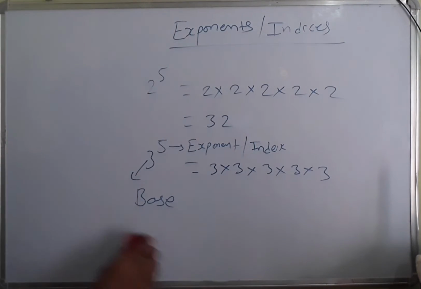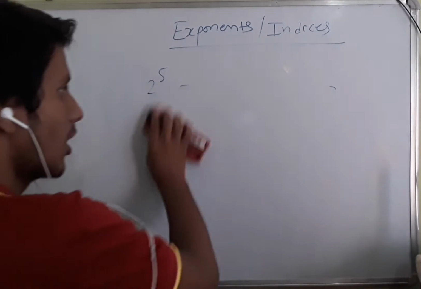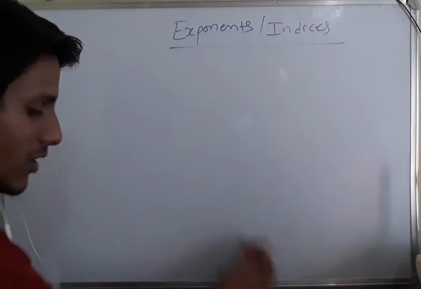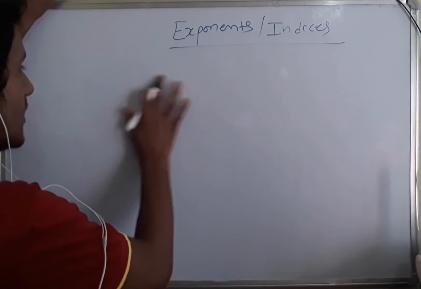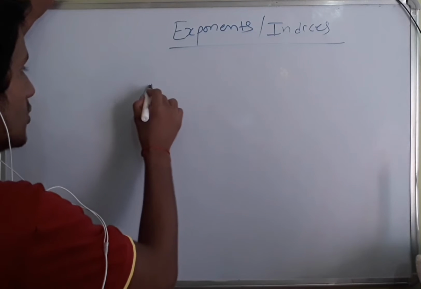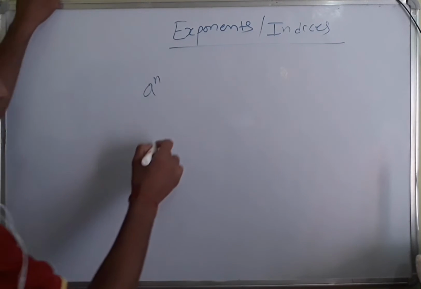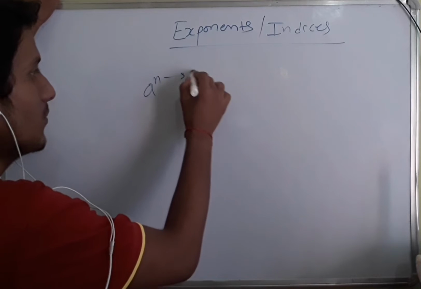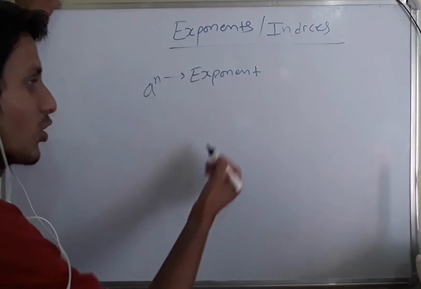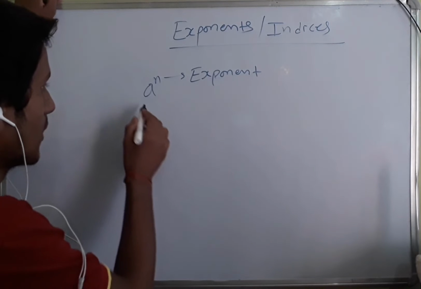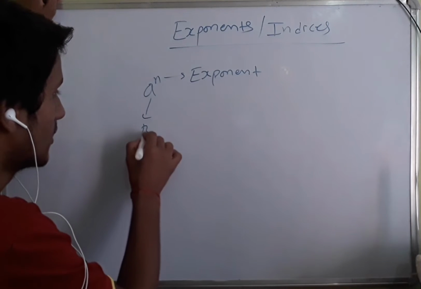If you talk about this in algebraic terms, in terms of variables, if you write a to the power n, this is the exponent here, you can also call this index, and this is the base.